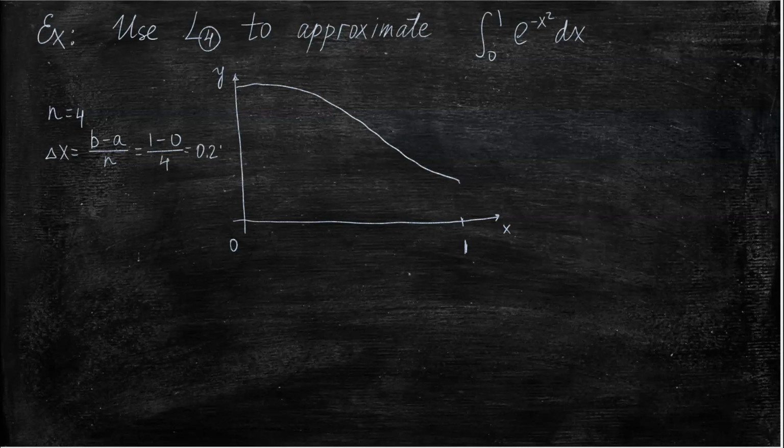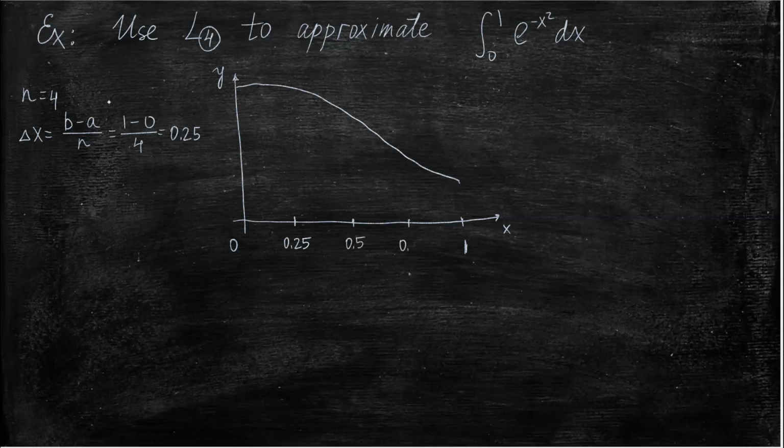So delta x is 0.25, which refers to the width of each of the rectangles. We're going to have 4 of them, and using this delta x we can find the partition exactly. It's going to be 0, 0.25, 0.5, 0.75, and 1. So we see how we have created 4 intervals.